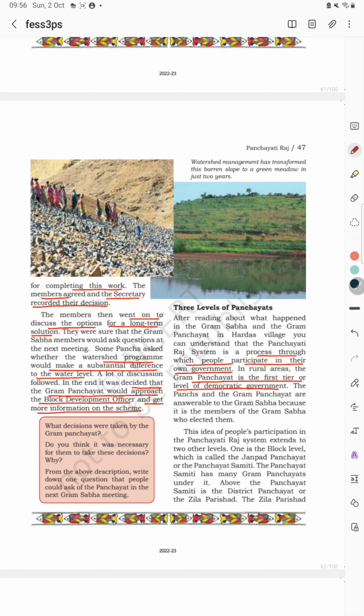The Panch and the Gram Panchayat are answerable to Gram Sabha because it is the members of the Gram Sabha who elect them. This is important here.